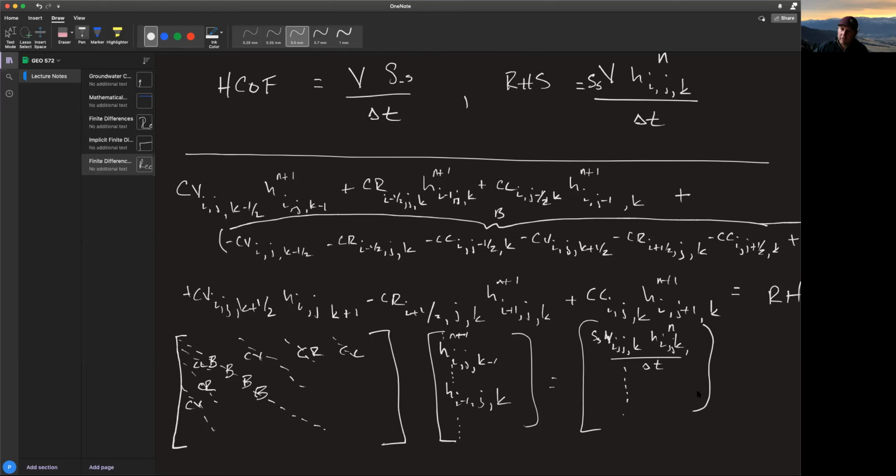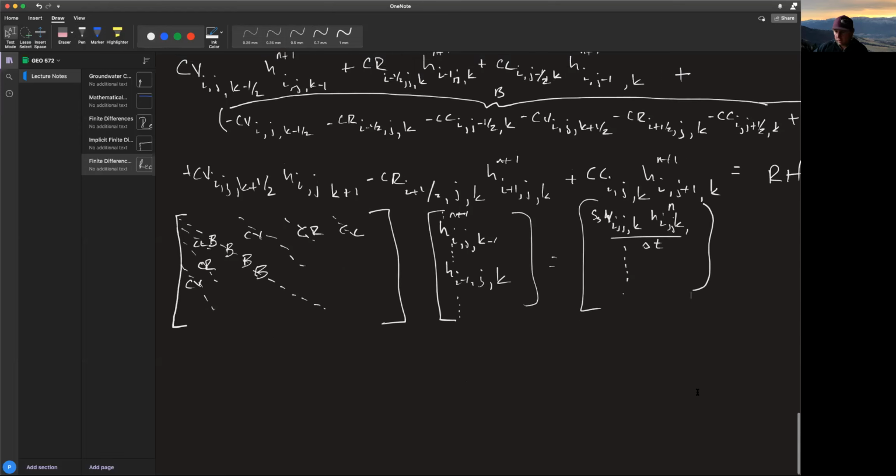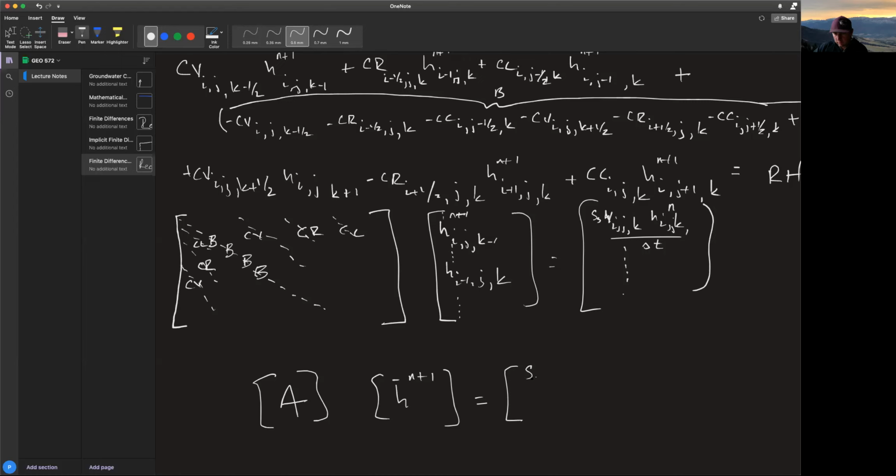So we have this system of equations now. This would be our matrix A. This is our vector h n plus 1. And this is our vector SS V h n over delta t.